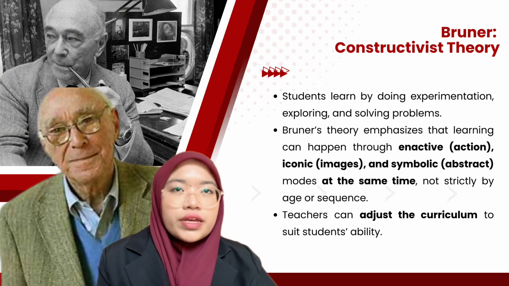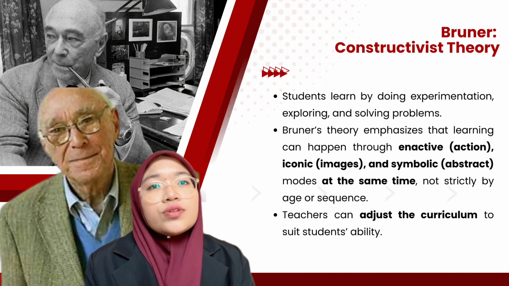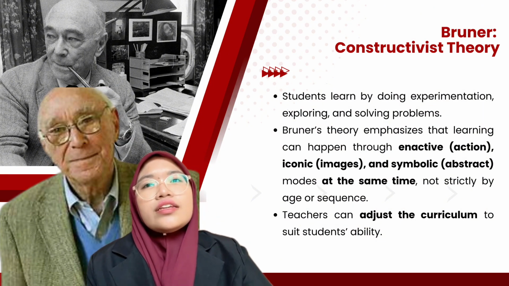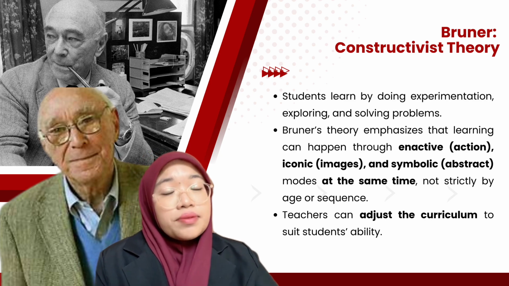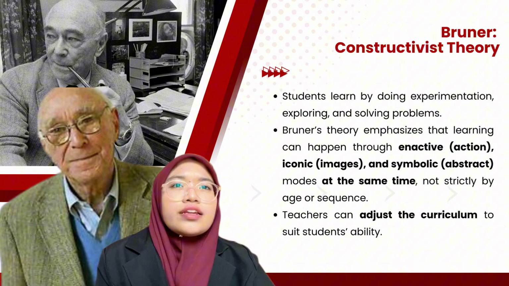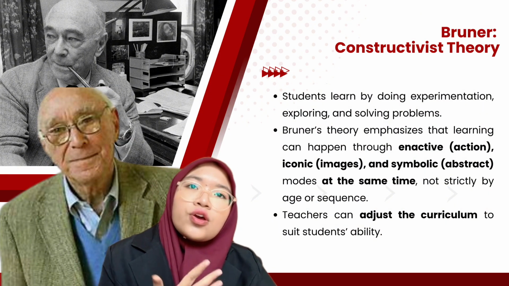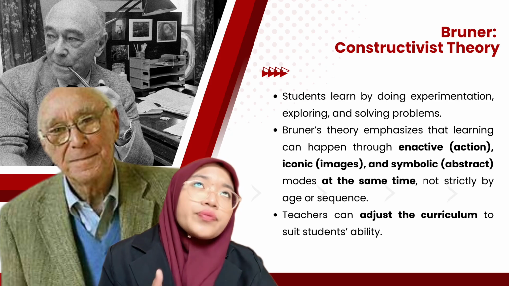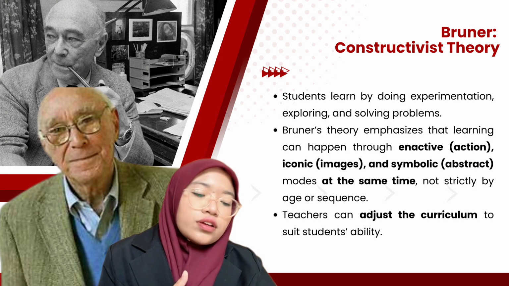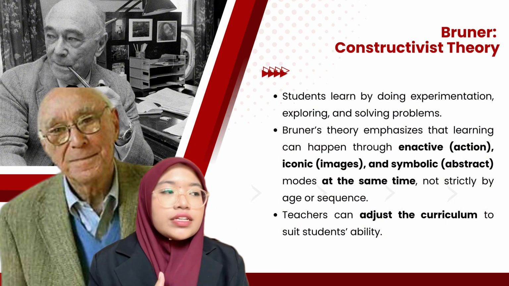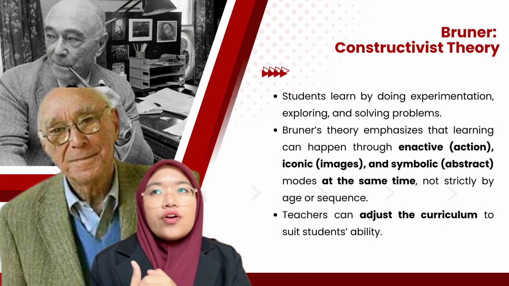Secondly, Bruner explained that learning can happen through 3 modes, just like I said before. Importantly, Bruner said that these modes can happen at the same time, not strictly in a fixed order or by age. This means that even older students can still benefit from pictures and hands-on activity when learning abstract ideas. Yeah, because as we know, each student has a different kind of development, thinking or understanding.